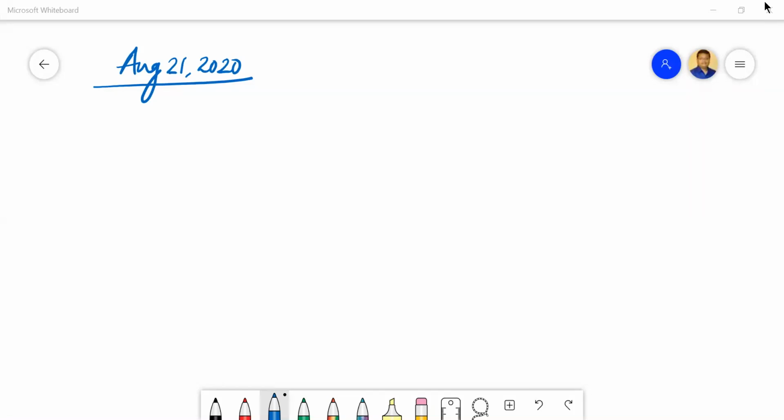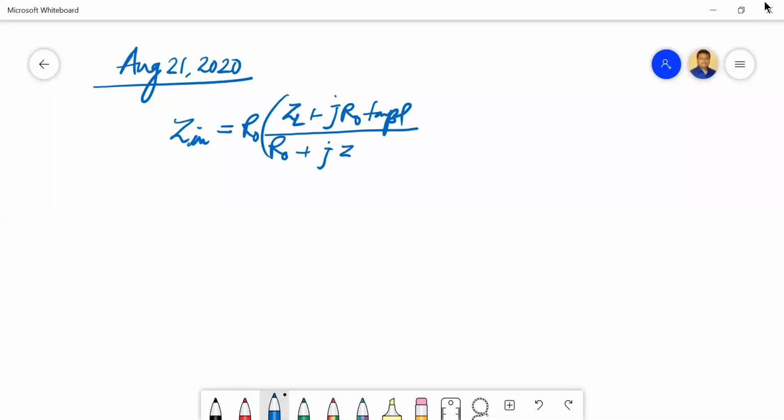So let's start. In the last class, we have seen the different cases of the transmission line, and particularly the focus was around this relation, which is Z_in = Z_0 (Z_L + j Z_0 tan βL) / (Z_0 + j Z_L tan βL).